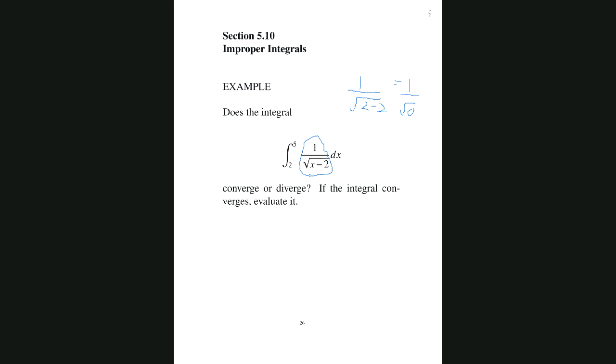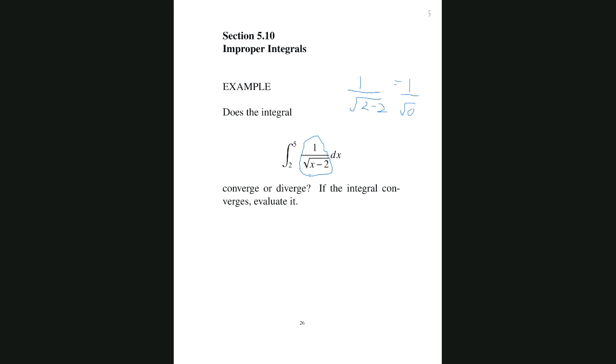When functions go to infinity or negative infinity, what do we see on the graphs? Think of like the tangent function. That's right, Rodrigo, an asymptote. So this function has an asymptote.